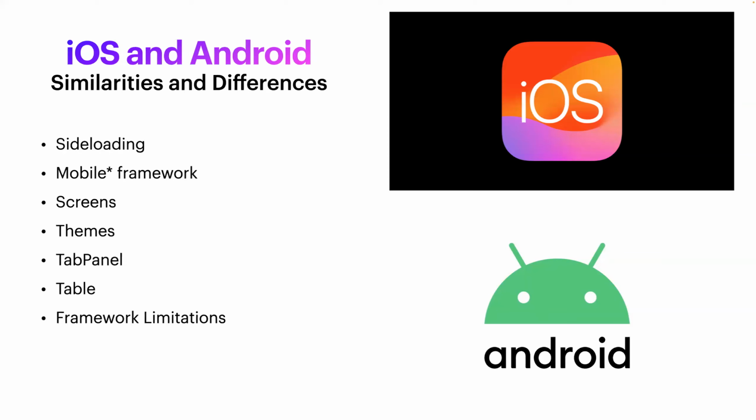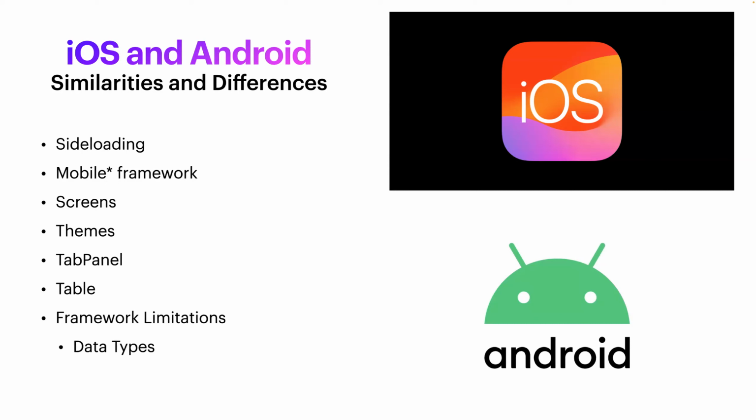And Android has a few more framework limitations than iOS does at this point. If you recall, iOS got its framework dramatically improved and enhanced back in 2021, maybe, where it brought in a bunch of stuff that was missing from iOS for many years, things like XML, regex and stuff like that.